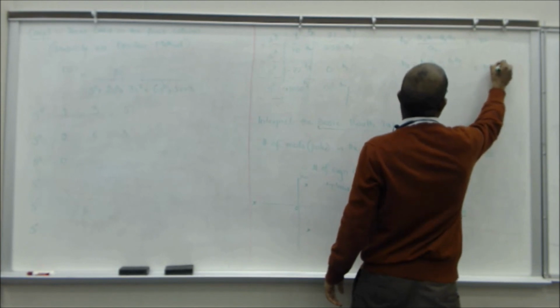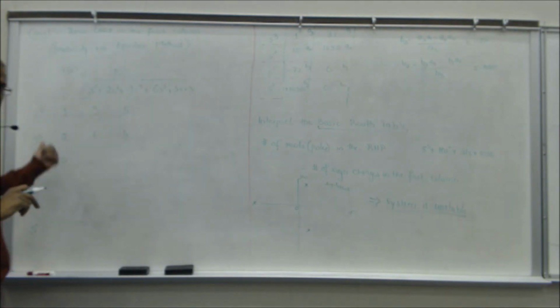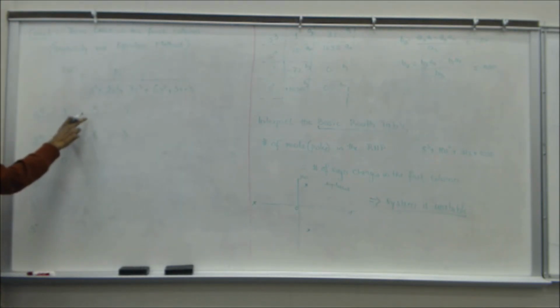This was 1030. So you apply the same thing here: this minus this over this. This is 2 times 3, that's 6, minus 6, which is 0.